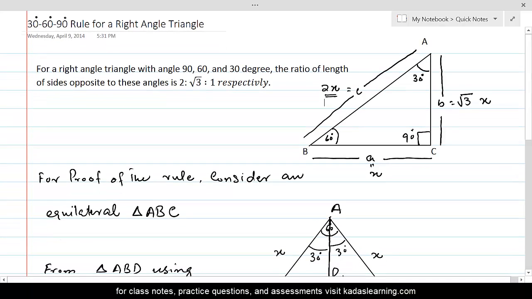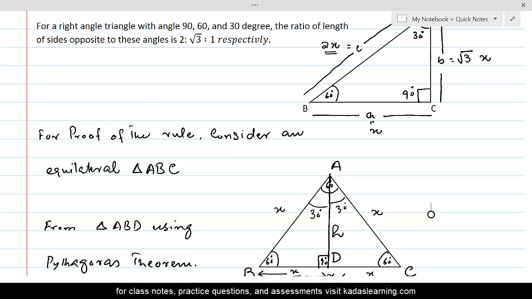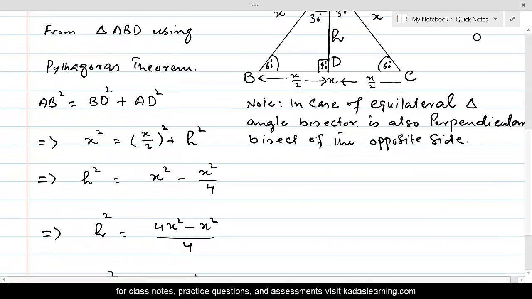And similarly, we already did, in fact, in this proof, find that this base is half of the length of the hypotenuse. So this proves our theorem.